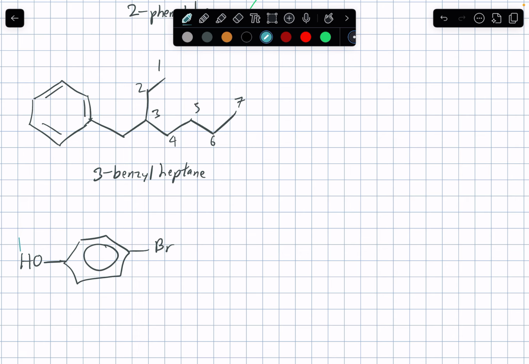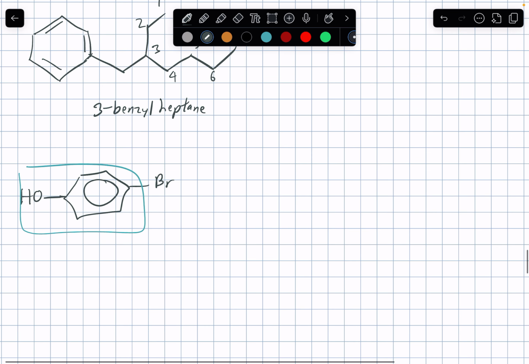This one is a bromophenol. Bromo substituent, and then we have a phenol. As simple as that.